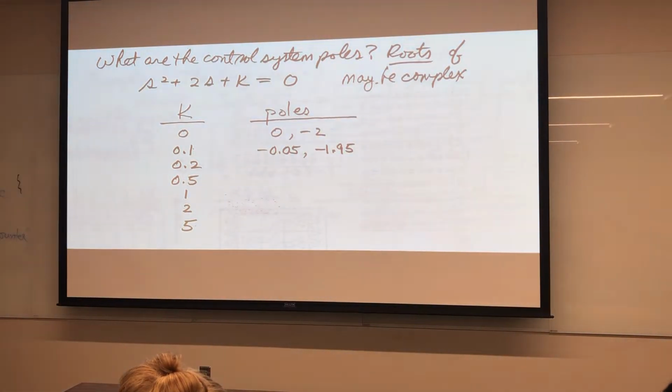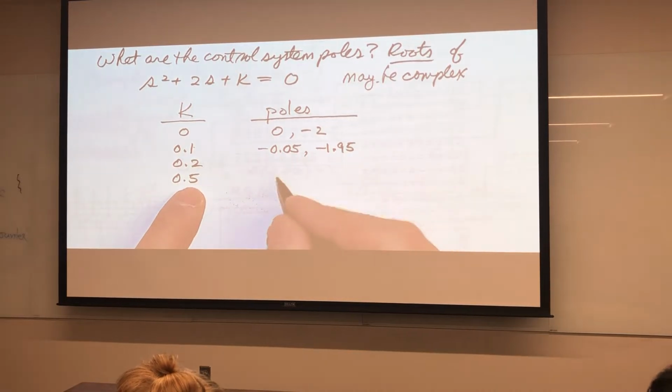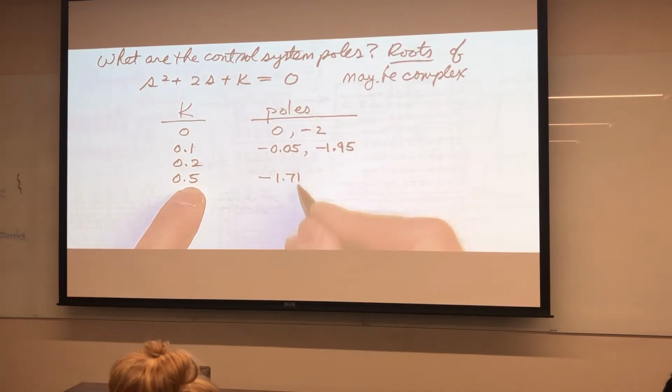Anybody else got a number? Yeah, for 0.5, it's negative 1.71. Negative 1.71. What's the other one? Negative 0.229.